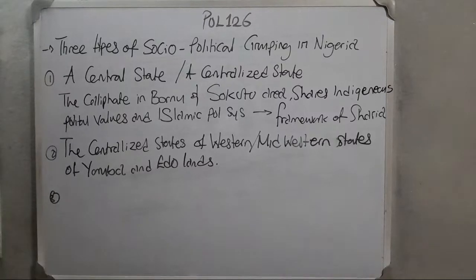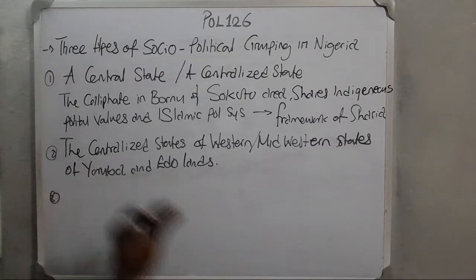And lastly, we have the indigenous social political grouping situation among the Igbo, Ijaw, Tiv, Urobo societies in pre-colonial Nigeria. Now, let's not forget we are taking our bearing.